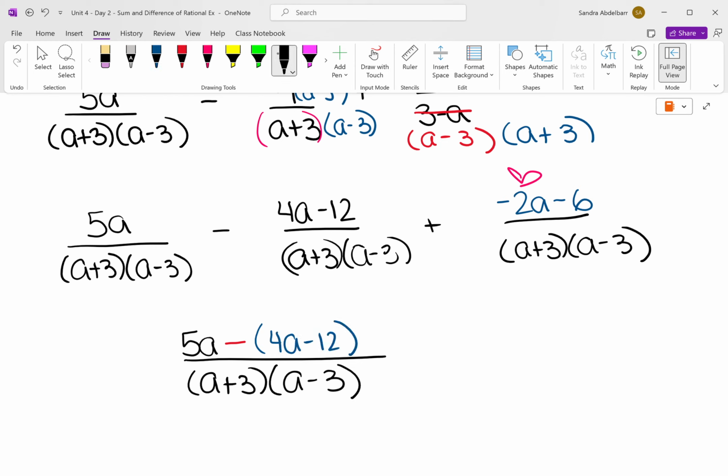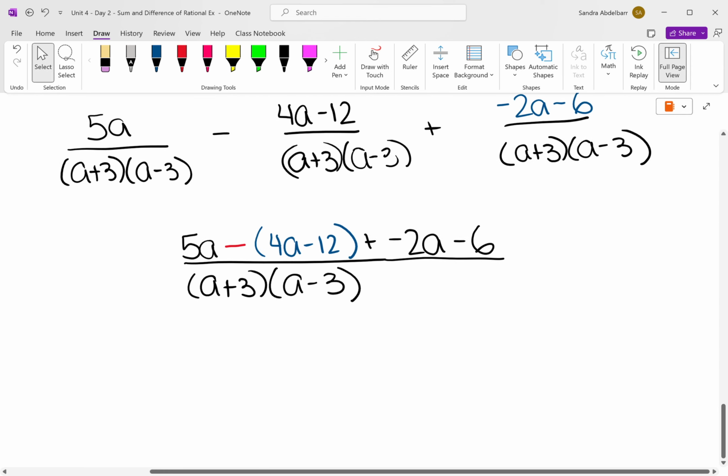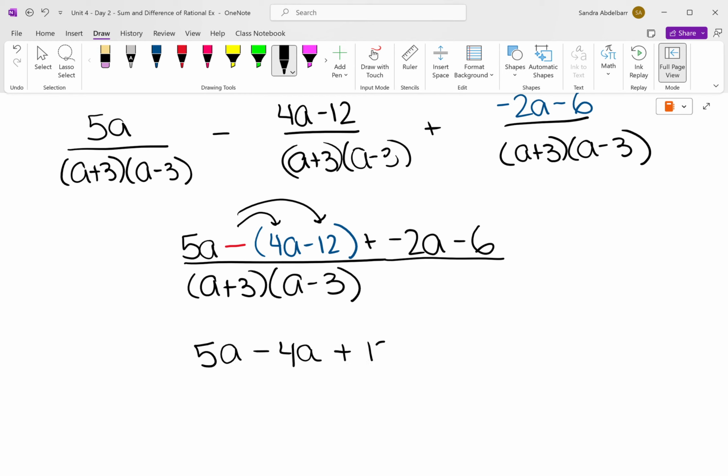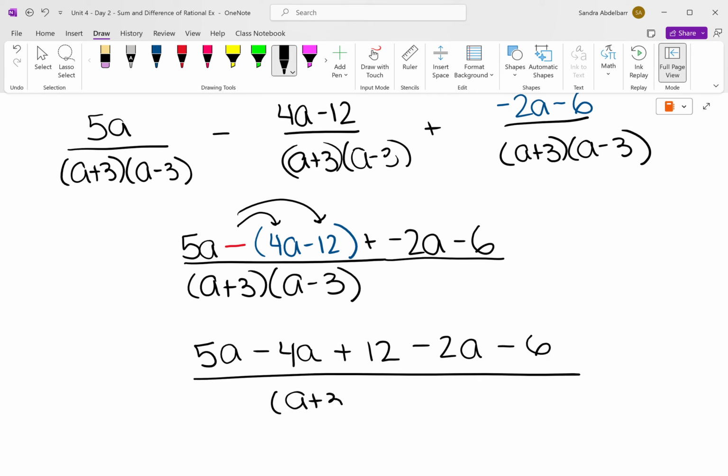Parentheses, plus -2a minus 6. So now I'm going to distribute in that negative. So we are 5a minus 4a plus 12 minus 2a minus 6 all over a plus 3 times a minus 3.